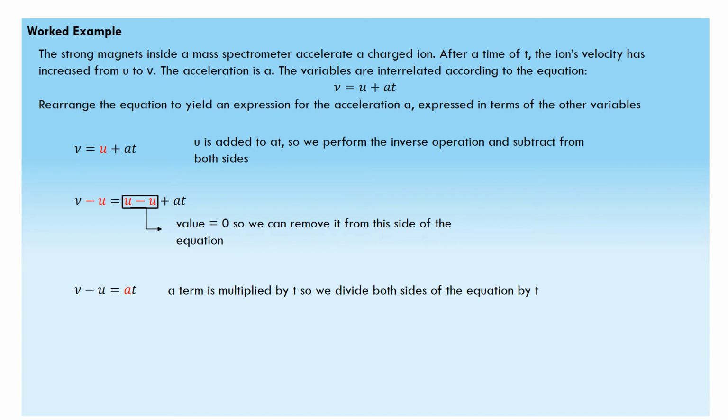So we know that we're trying to solve for a, so we've got to divide both sides of the equation here by t. And that gives us v minus u over t equals at over t. Now, of course, we can rewrite that slightly, and we know that that t over t parameter on the right-hand side of the equation will cancel each other out, and we are left with an expression that is solved for a.